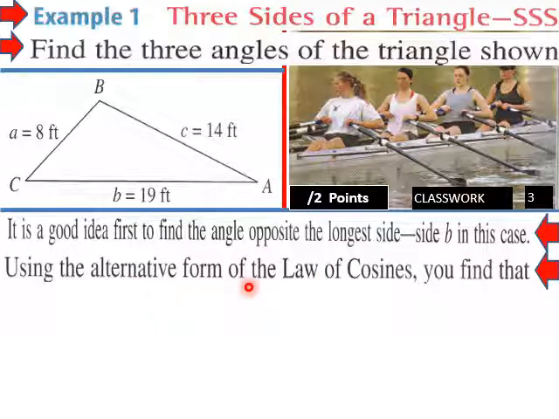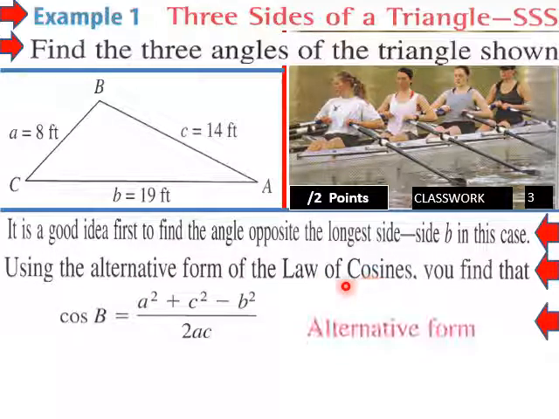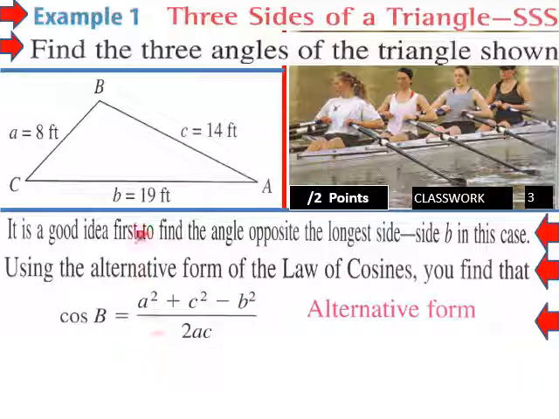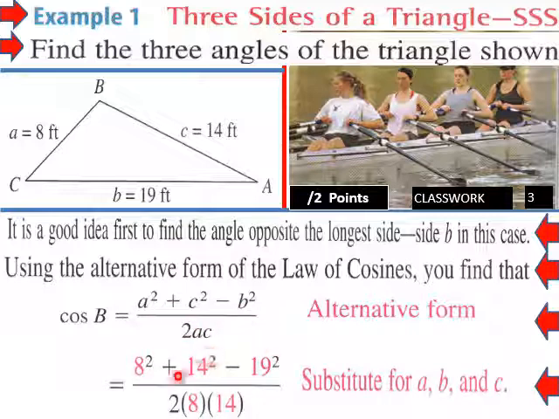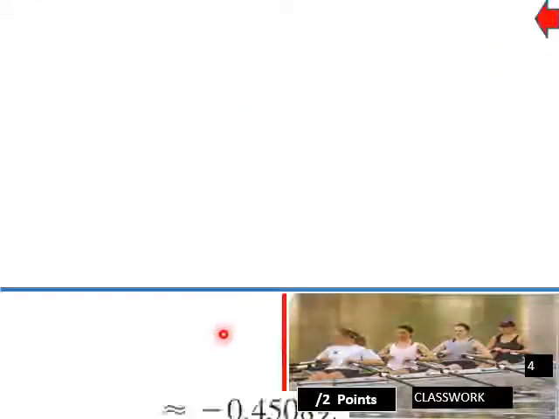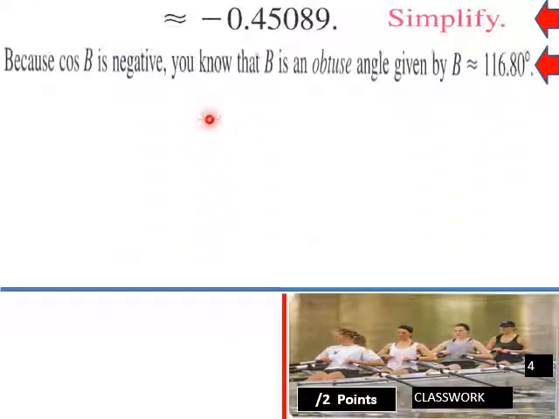Use the alternative form of the law of cosines. You find that the cosine of B would equal a squared plus c squared minus b squared over 2ac. So we do our plug-in here, we plug in for our values, and we get cosine B. When we crank that out, we will get negative 0.45089.